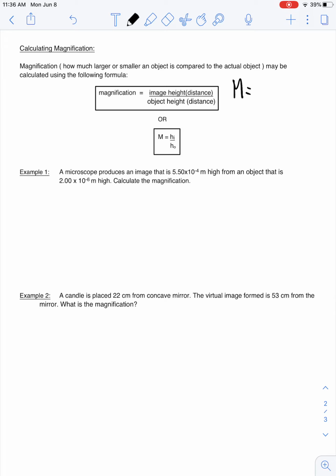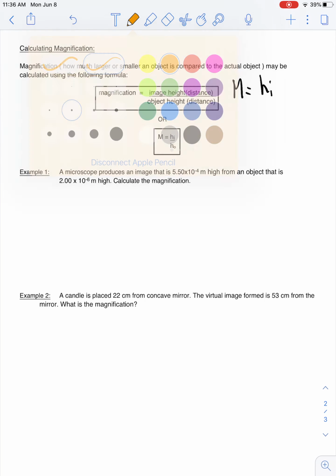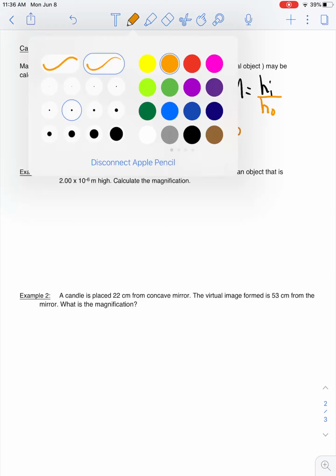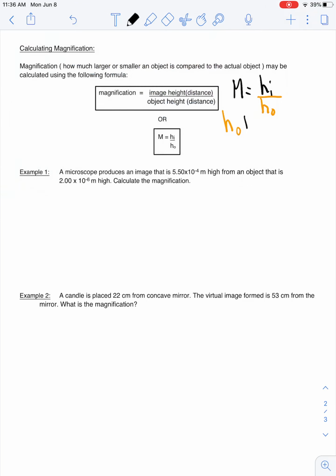Again, we start with magnification equals the height of the image over the height of the object, and now we're going to be isolating the height of the object. First we need to get rid of it on the denominator, so we multiply it up to the other side. Height of the object times the magnification equals the height of the image.